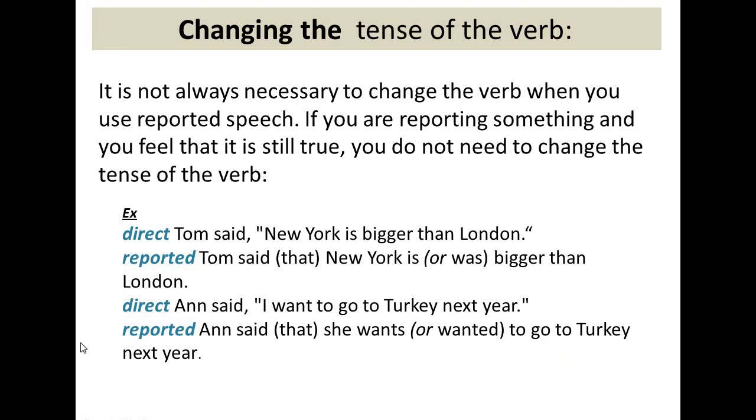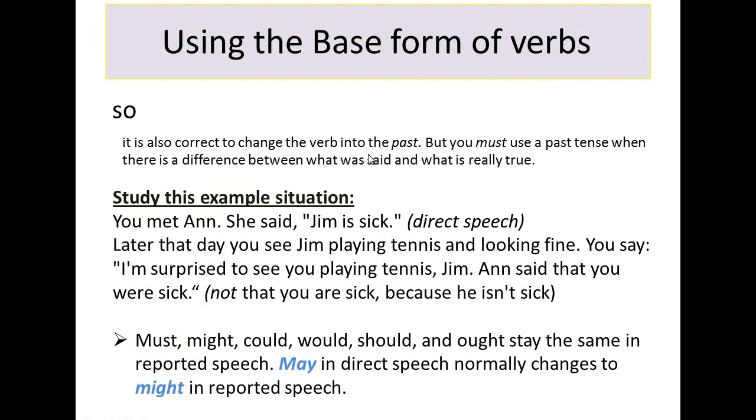So we have two possibilities. We can say Anne said that she wants to go to Turkey next year because she still wants to, so we don't change anything. If you tell her, okay, go now, she will say, yes, I go now, because it's true.